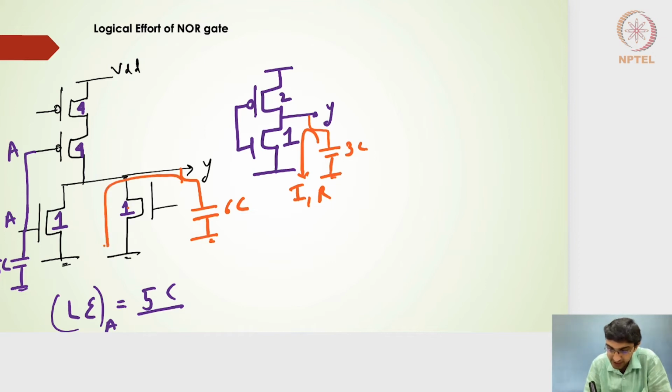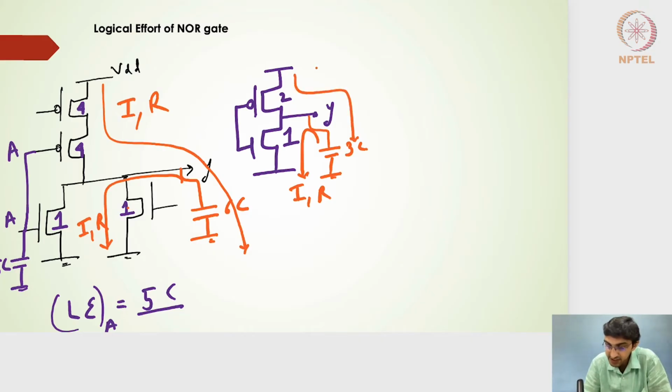And while it is falling, I will get a current of I and the resistance of R. And while it is charging, it will have a current of I and then the rising resistance of R. So similarly for the charging of this 3C, I will have a current of I and then the rising resistance of R. So it matches the benchmark inverter of 2:1 with that of our 4:1, which is nothing but the 2 input NOR gate. And then I can take the ratio of 5C and then the 3C. So eventually I will get the logical effort for a 2 input NOR gate as 5 by 3.